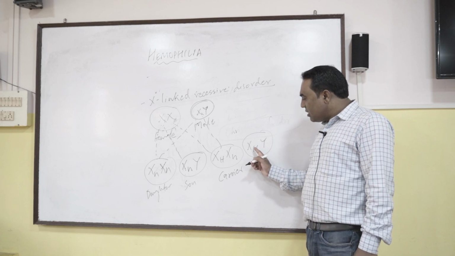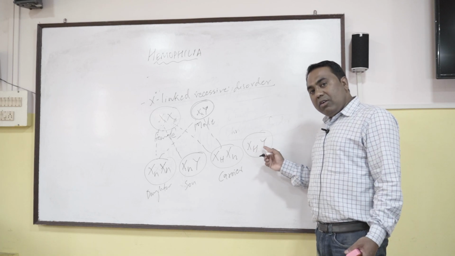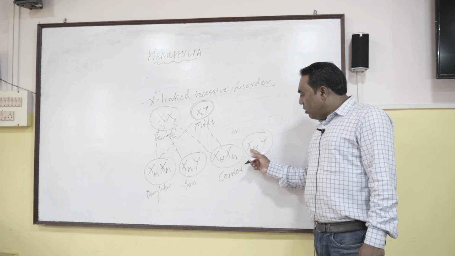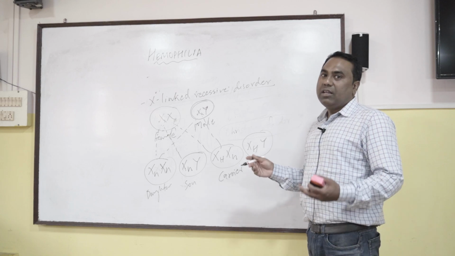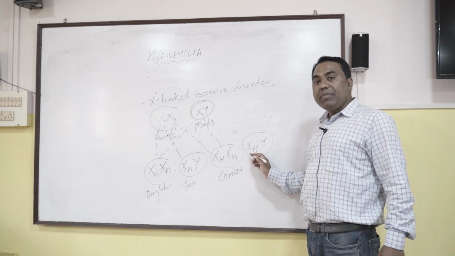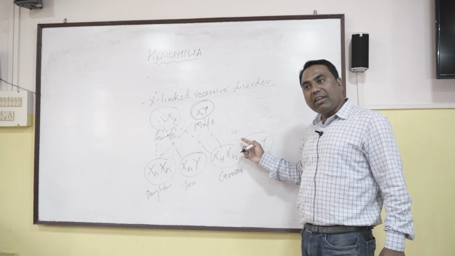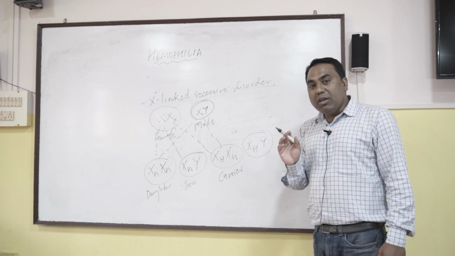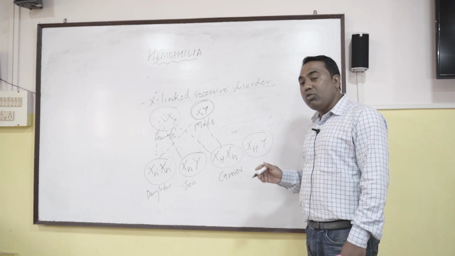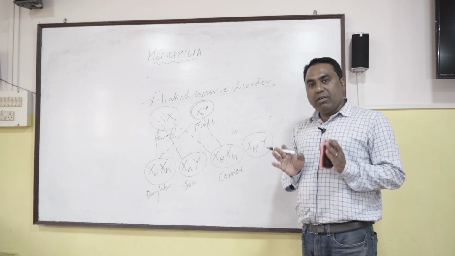No, because he has X and Y to become a male, and his X chromosome has capital H. That means his X chromosome has the gene responsible for synthesizing both factors, factor 8 and factor 9. So he is not going to show the symptoms of hemophilia.